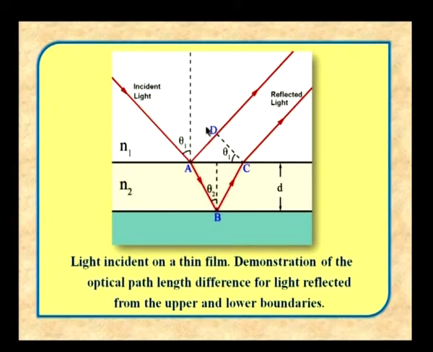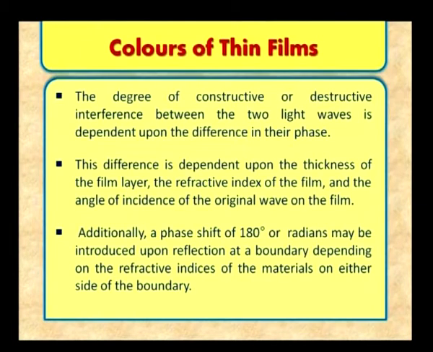So, the degree of constructive or destructive interference between the two light waves depends upon the difference in their phase, the phase difference or the path difference. This difference depends upon the thickness of the thin film layer, the refractive index of the film, and the angle of incidence of the original wave on the film.